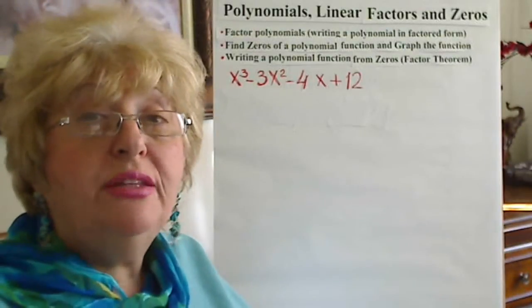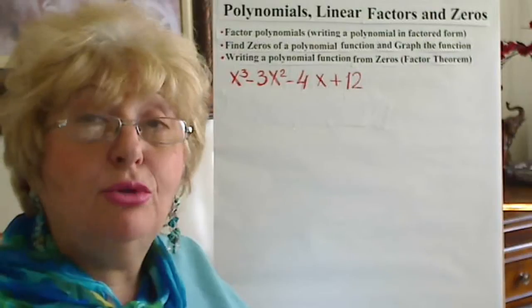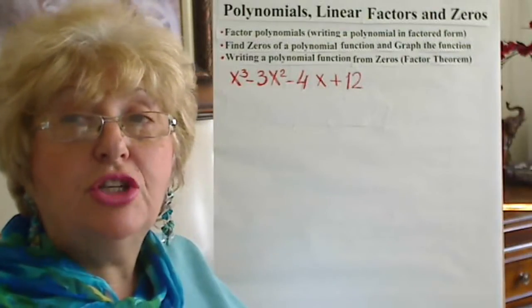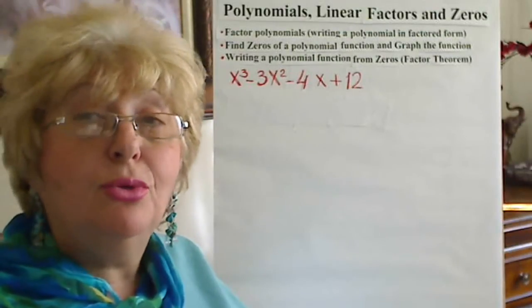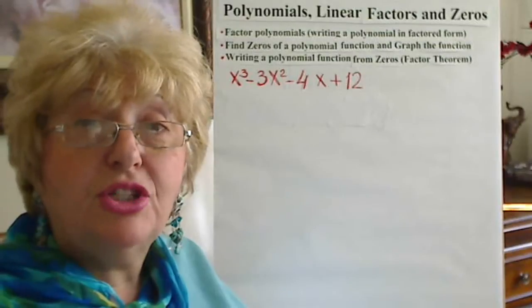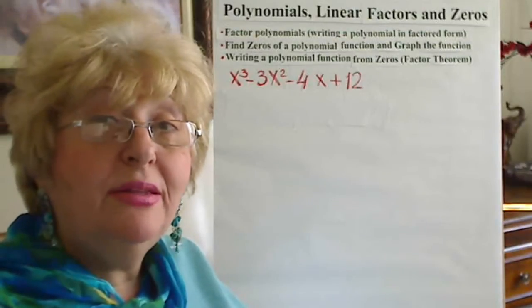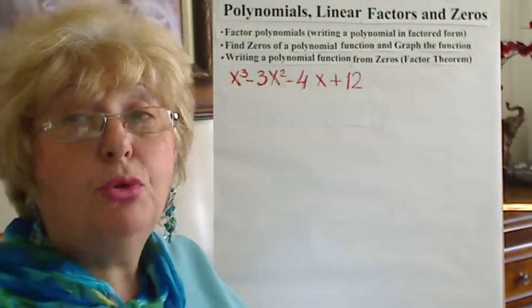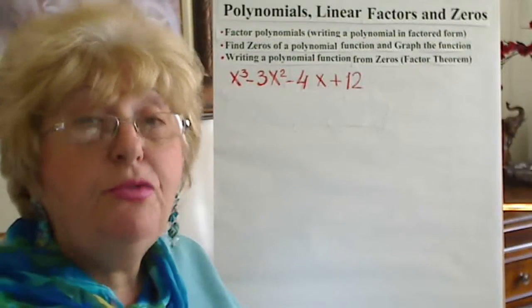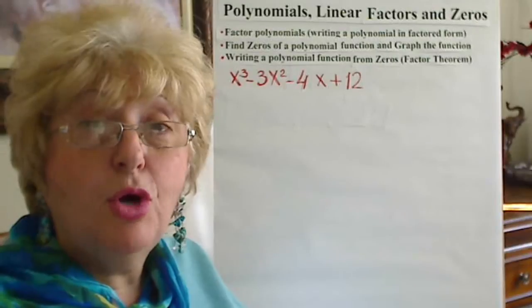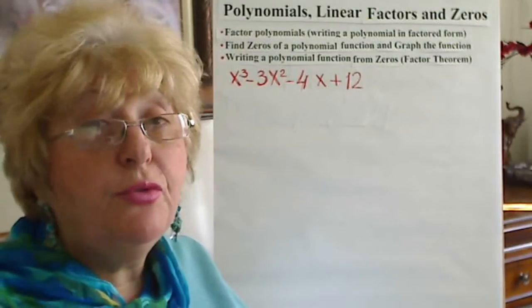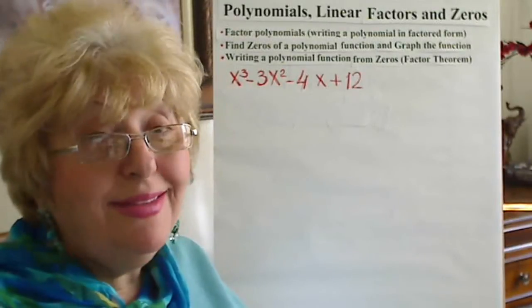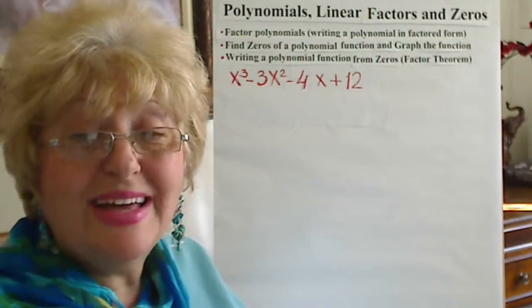Secondly, you need to know how to find zeros of a polynomial function, and how to graph the function. And third, you should know how to write a polynomial function from the zeros, and we will use the factor theorem. So these are the three questions we will focus on today.